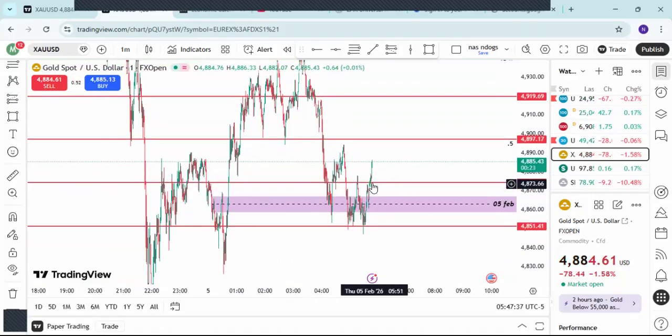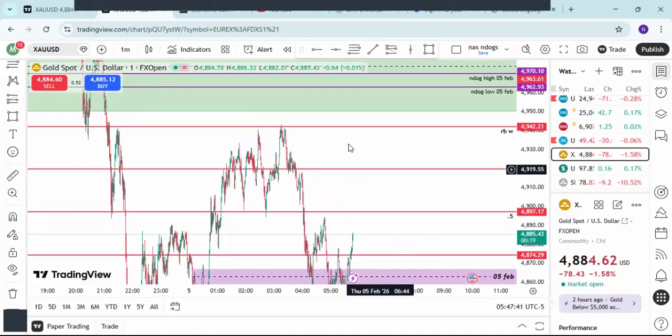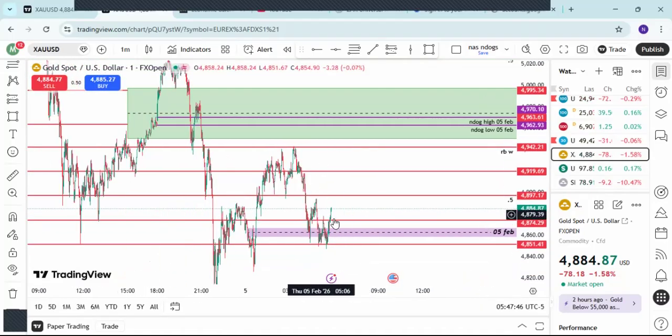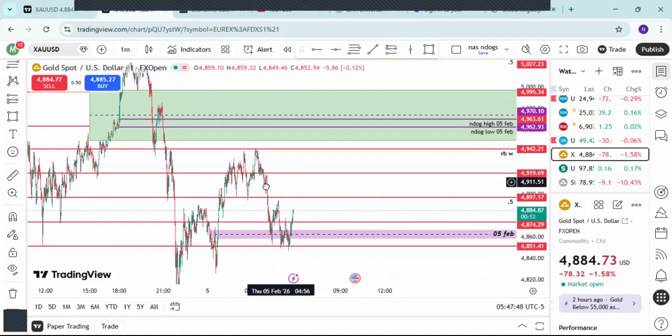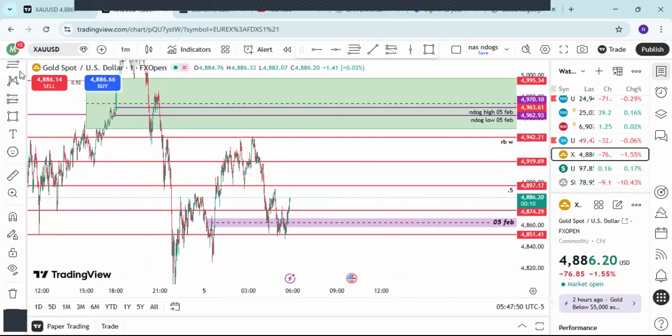And then here this 0.25 of the week, half of the week, 0.75 of the week, RB of the week, the lower week from yesterday, guys. These weeks are from yesterday.